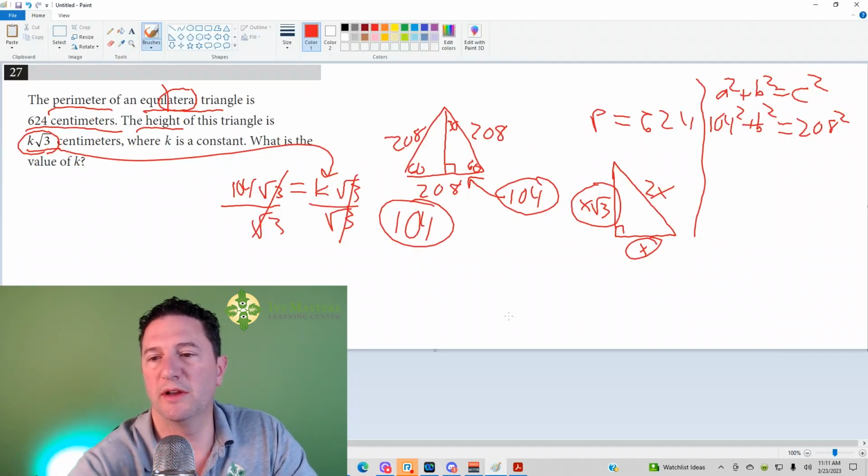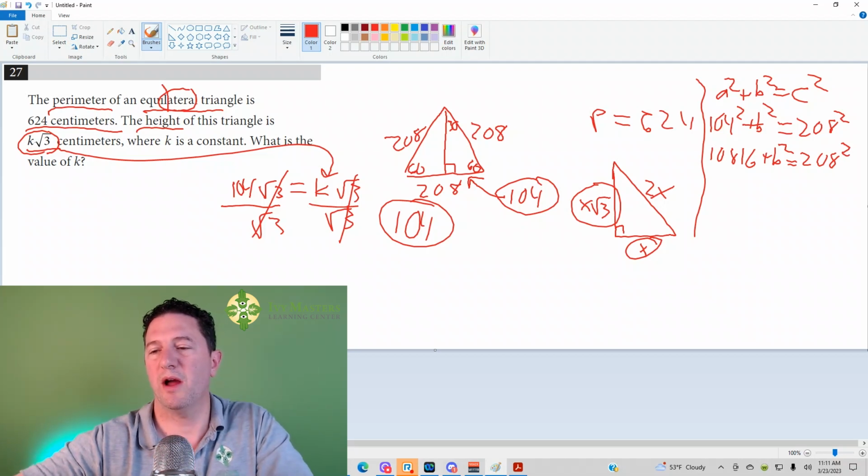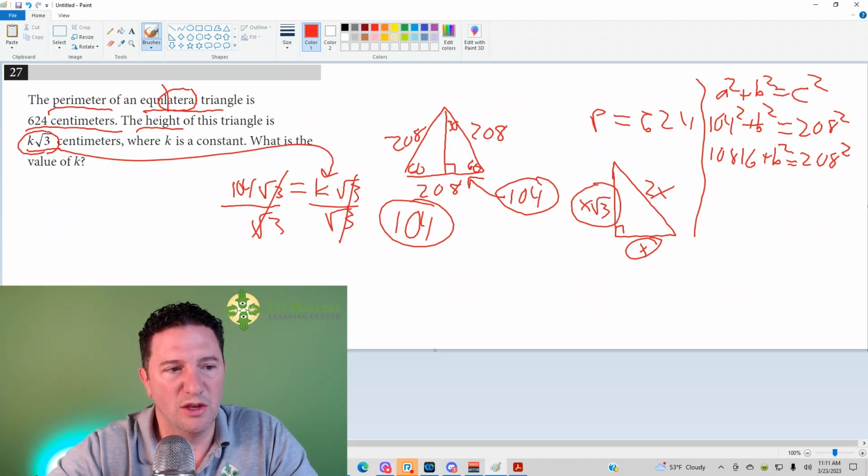So if I go in here, 10,816 plus b squared equals 208 squared. The problem with this is that we're going to get a decimal here, and we've got to know what the root 3 is.